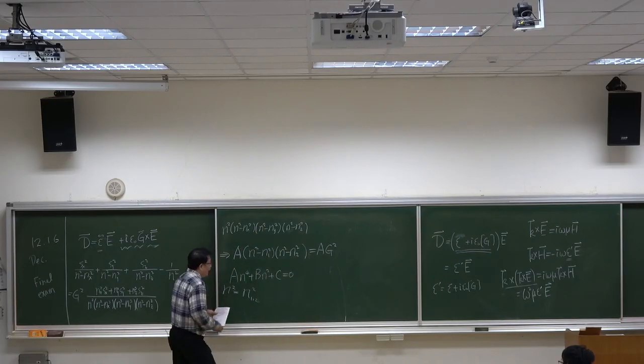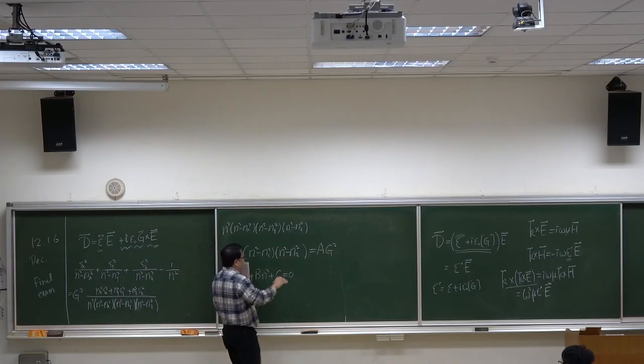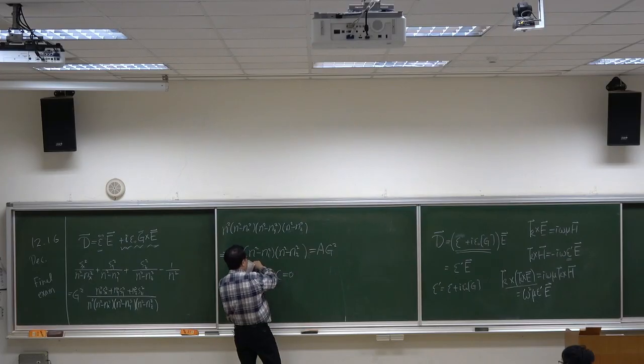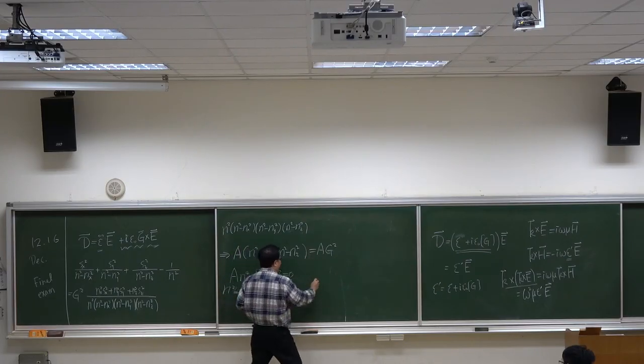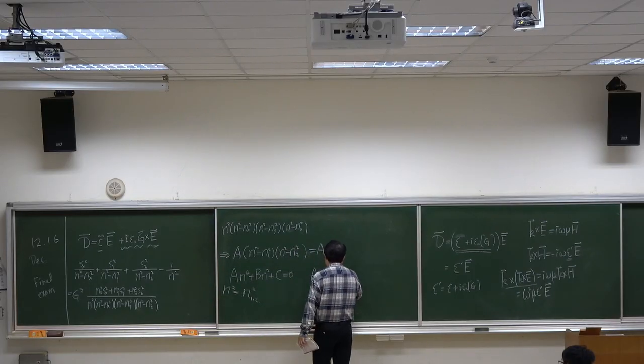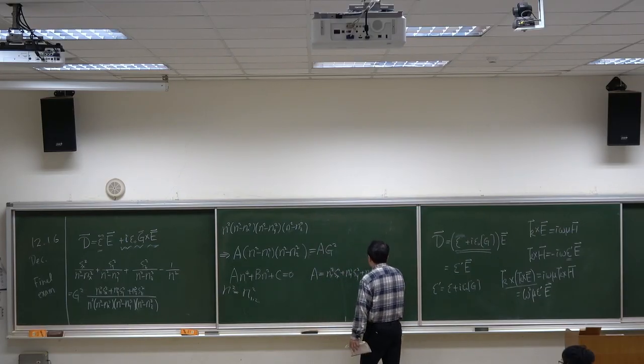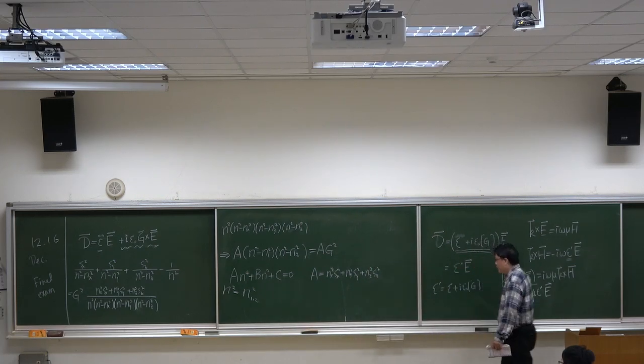Okay, and then we turn on this optical activity term, and we can find the result is just this one. Here A is nothing but this: nx squared sx squared plus ny squared sy squared plus nz squared sz squared. A is just this coefficient.